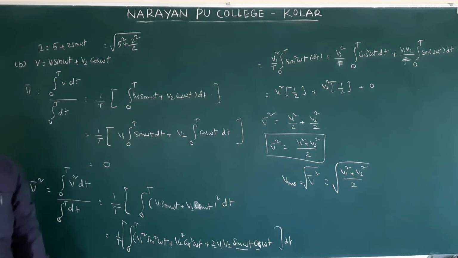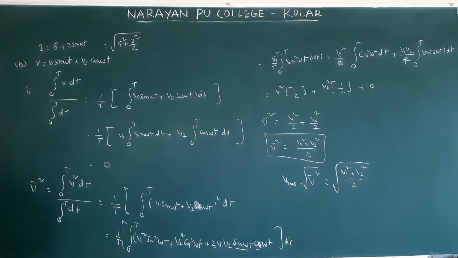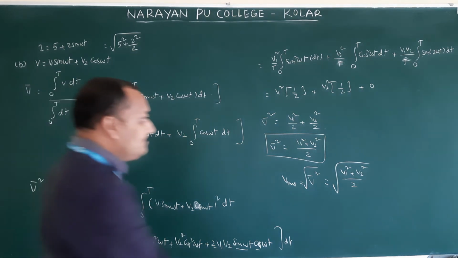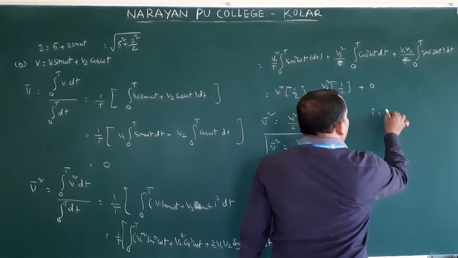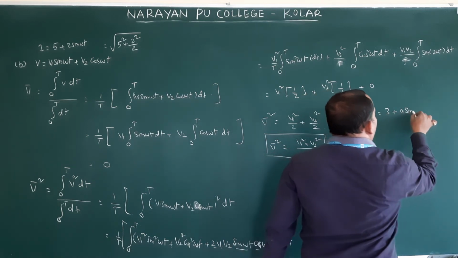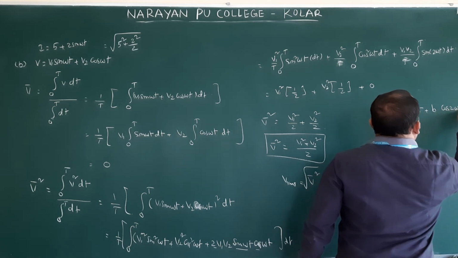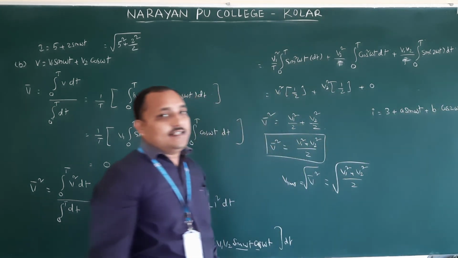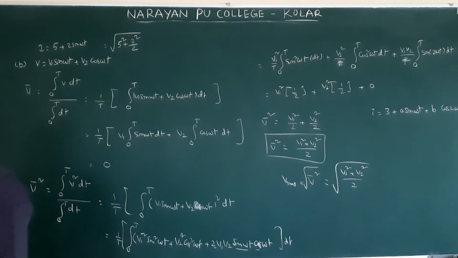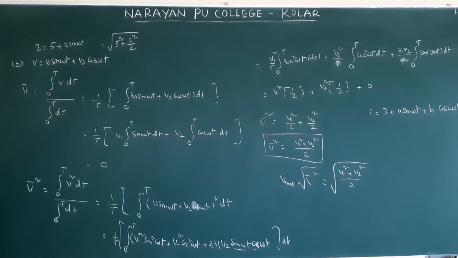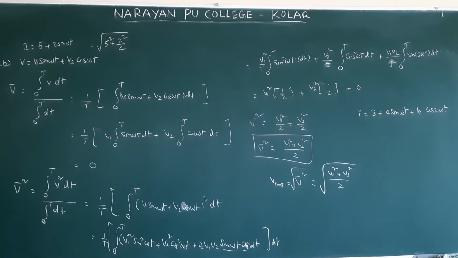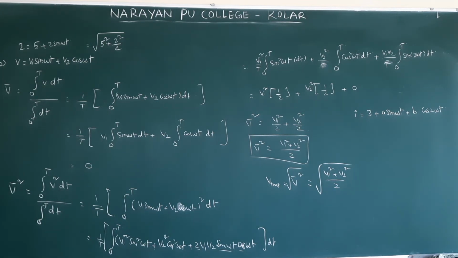Now C and D. You will do C and D within a fraction of a second. In C they gave I equals 3 plus a sin omega t plus b cos 2 omega t. Further they are asking again for the mean value, mean square value and root mean square value.